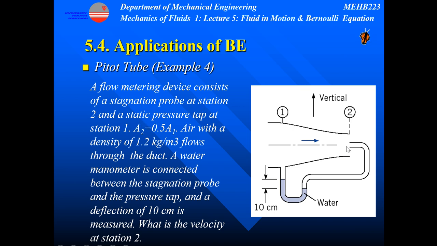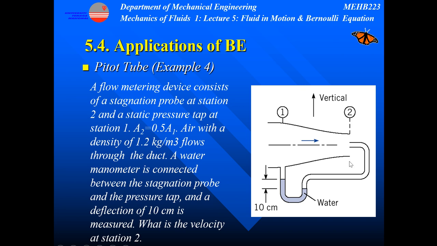So this is the stagnation point. Area 2 is half of area 1. Air with a density of 1.2 kg per meter cube flows through the duct. A water manometer is connected between the stagnation probe and the pressure tab, and a deflection of 10 centimeters is measured. What is the velocity at station 2?